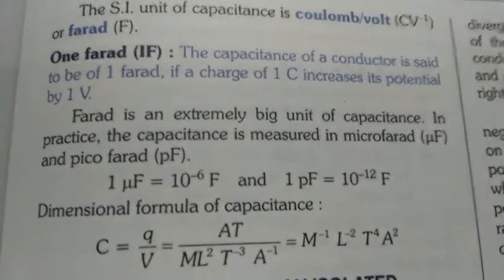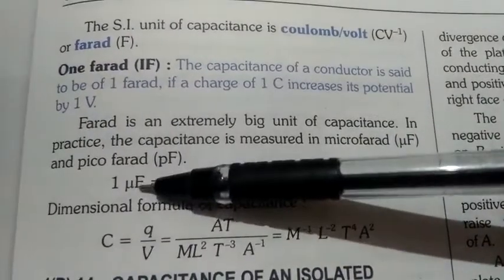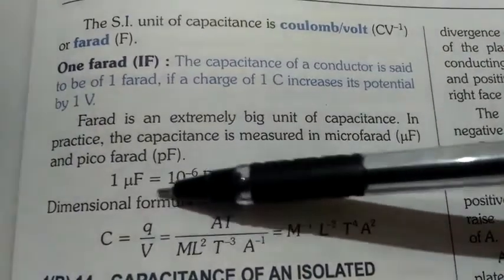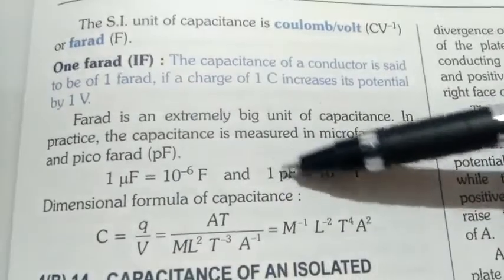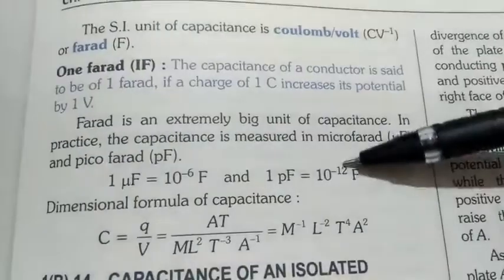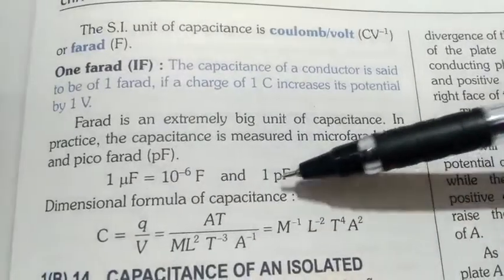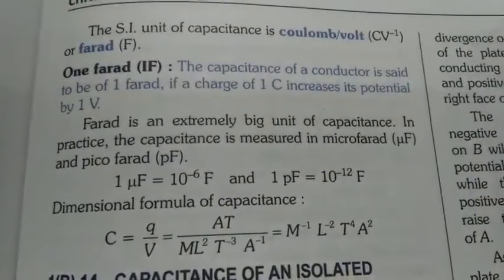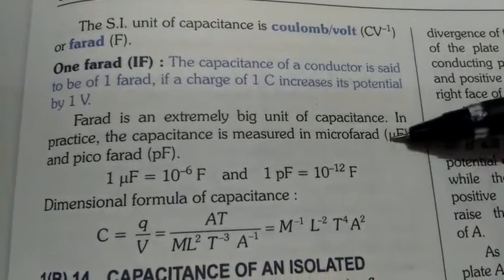Here you can see some other values are given: microfarad and picofarad. 1 microfarad equals 10 to the power minus 6 farad and 1 picofarad equals 10 to the power minus 12 farad. You must remember these micro and pico values, because when we solve numerical problems, many times you will see the words micro and pico.